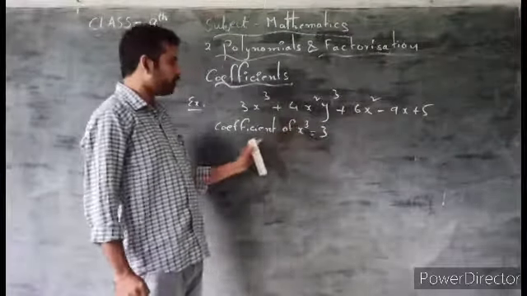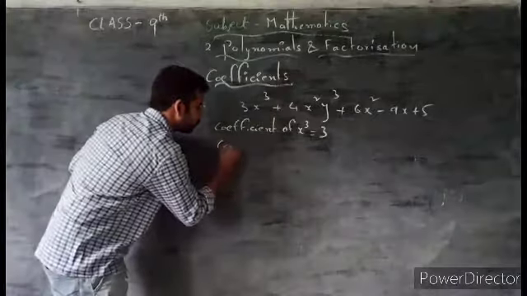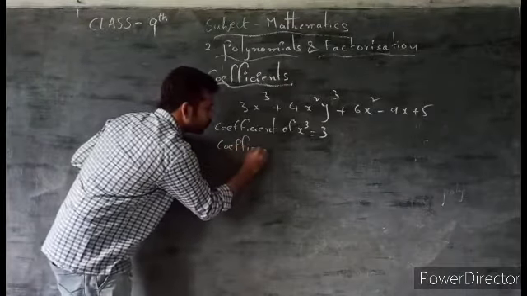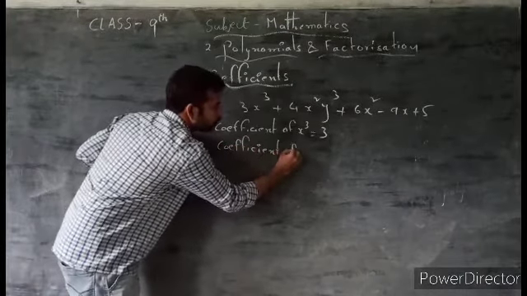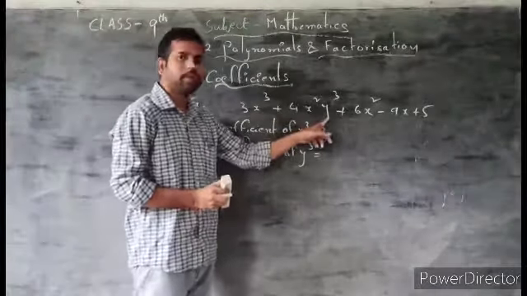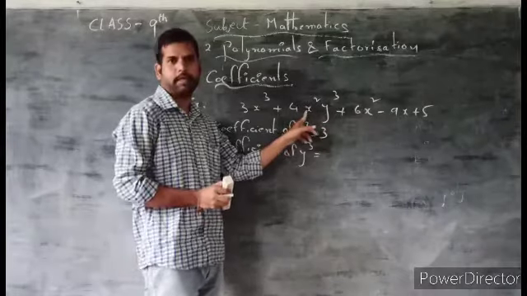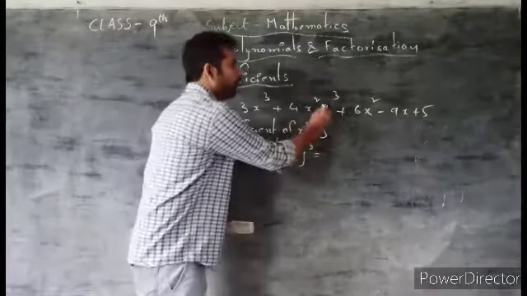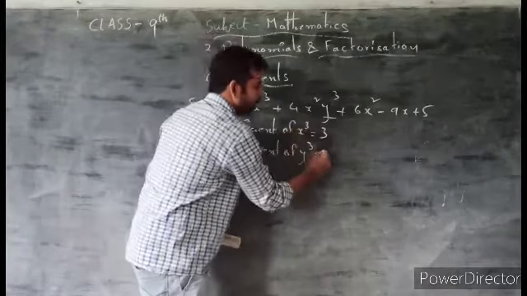Next, the coefficient of y cube. The y cube remaining part is 4x square.